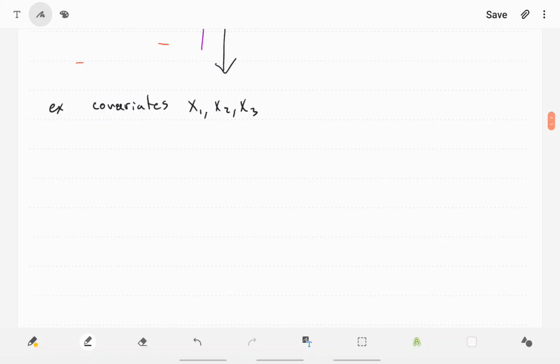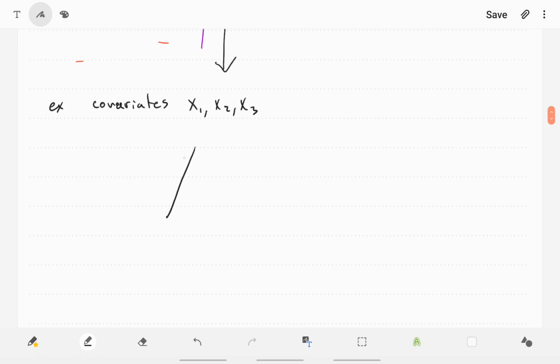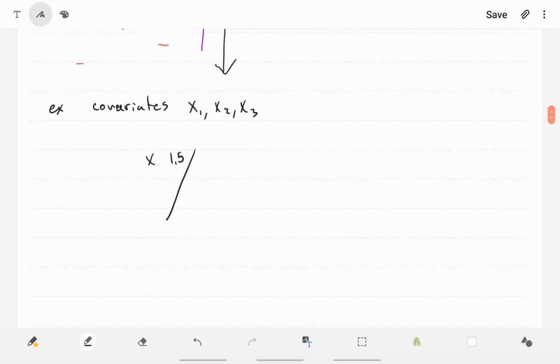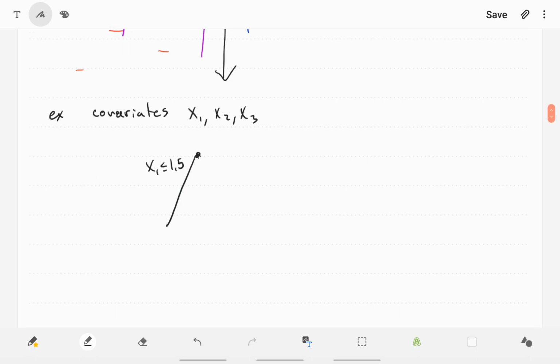This first initial split would be along covariate x1, which we would split at the 1.5 point. It's more intuitive if the left-hand side is less than or equal to. So we would start by saying, is x1 less than or greater than 1.5? If it's less than, then we're going to think of that data point as descending down the left-hand side. And if it's greater than, we're going to think of this data point as descending down the right-hand side.